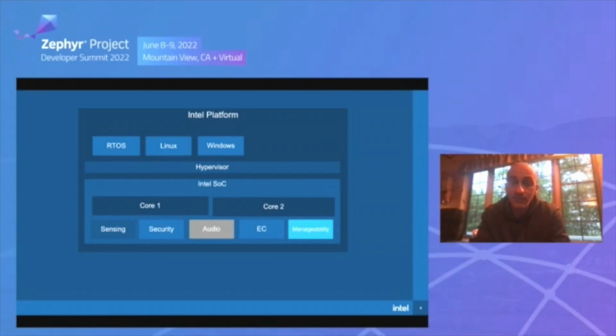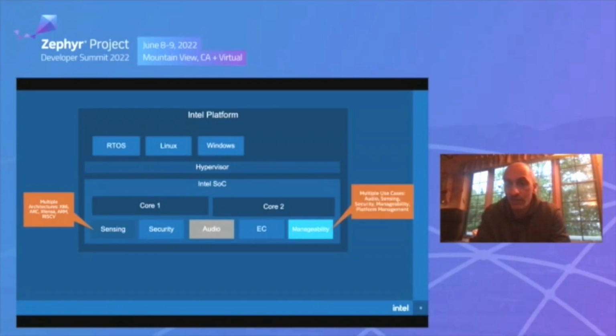And the thing is, this is not done in one single IP. These are multiple IPs, most likely, and depending on the use case, they would be running on top of different ISAs, x86, ARC, Xtensa, ARM, RISC-V, you name it. And as we have seen, these are all different use cases.